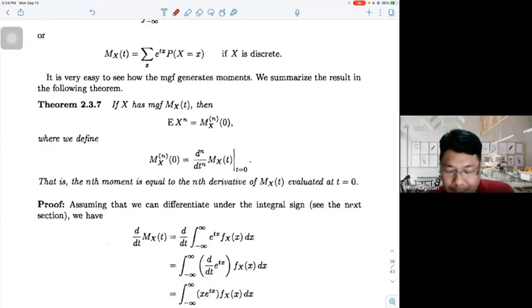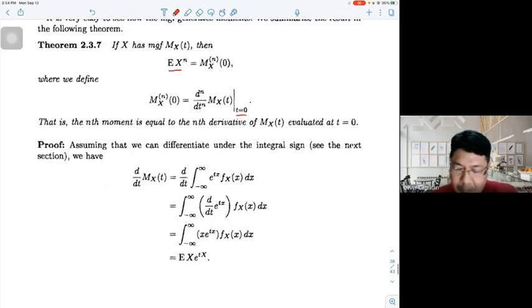If X has an MGF, M sub big X evaluated at t, then, as we know a while ago, the nth moment of X, or the expectation of X to the n, will be equal to the nth derivative of the moment generating function of X evaluated at t is equal to 0.